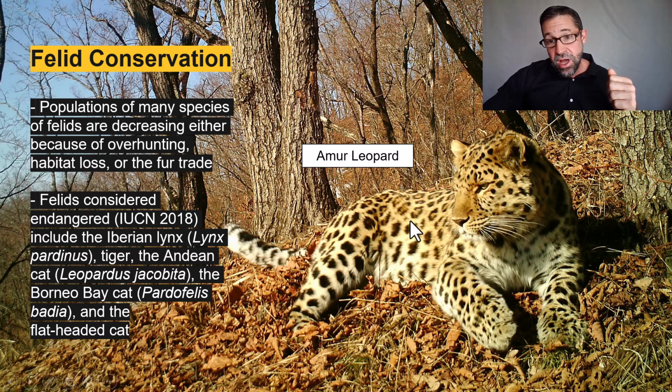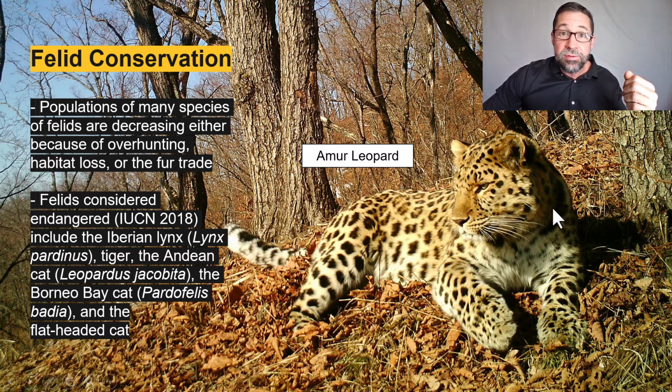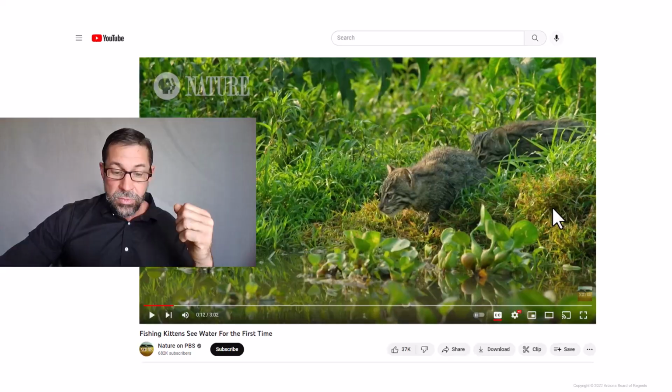This is the Amur leopard. So it's a subspecies of leopard that lives in southeastern Russia and northern China. It's likely the most critically endangered big cat on planet Earth, with a surviving population of only about 110 individuals, as estimated by the last census.